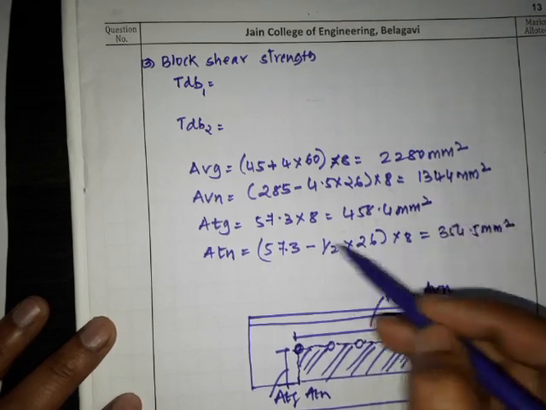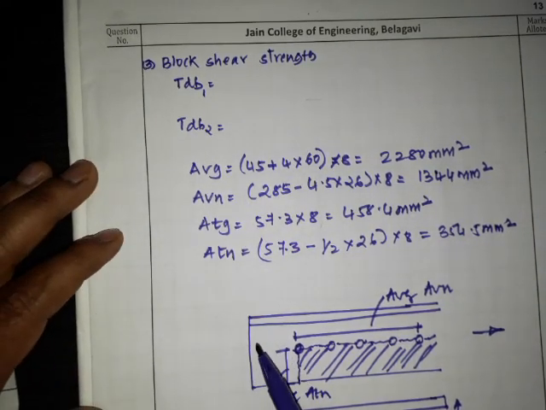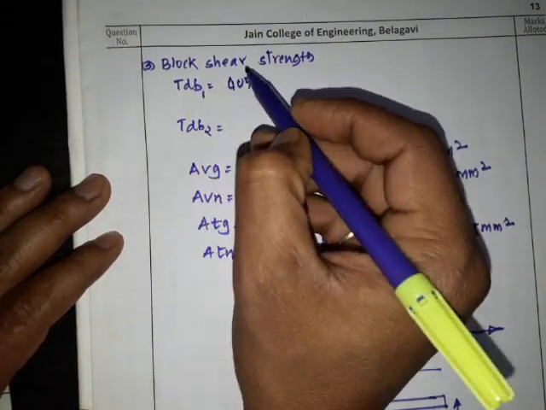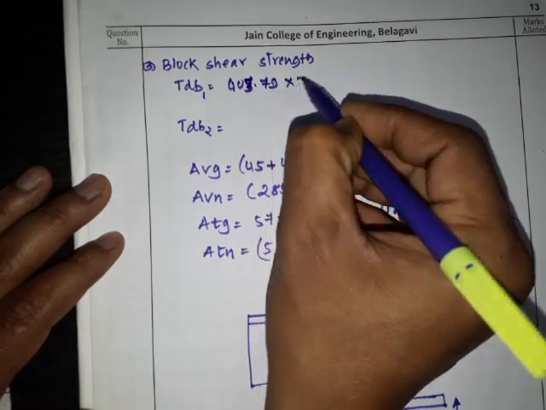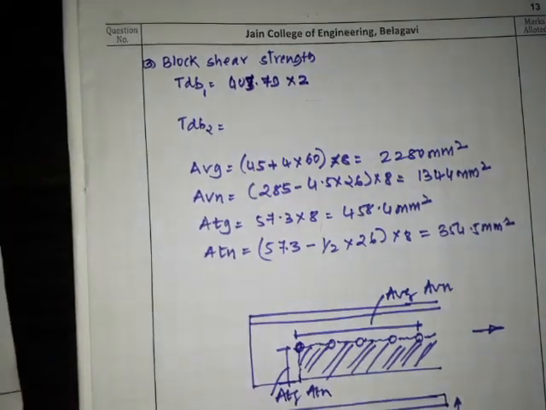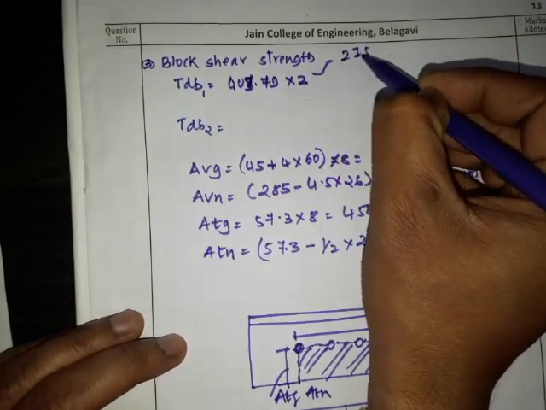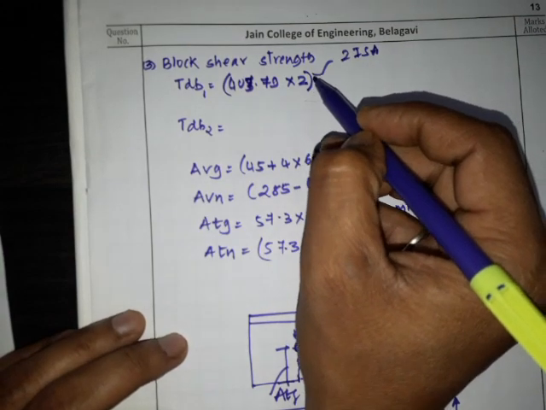By substituting this in the formula, we get TDB1 as 403.79. Then you have to multiply by 2. Why by 2? Because we are using two angles, 2 ISA. For TDB1, you have to multiply by 2 for 2 ISA.